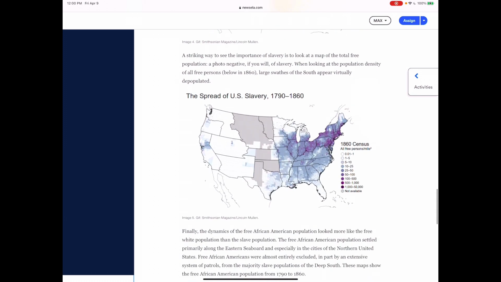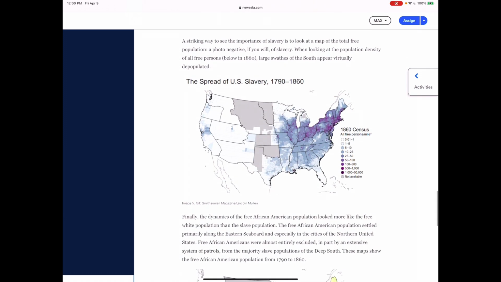Another way to look at this population density is here is the 1860 census, and it shows all free people, whether they are white, whether they are African American, and it should basically look exactly opposite of what the other map was showing us.